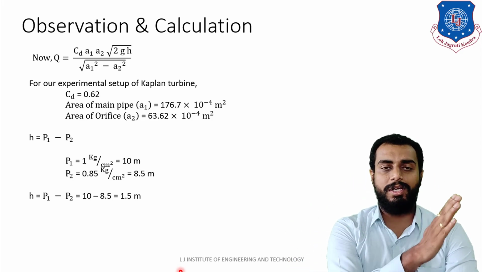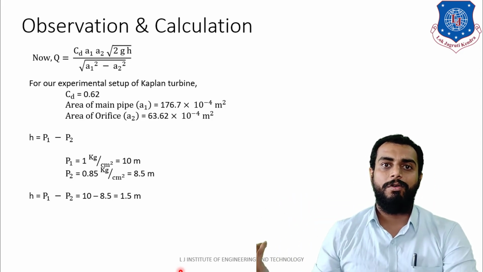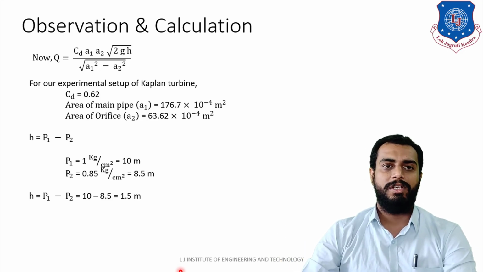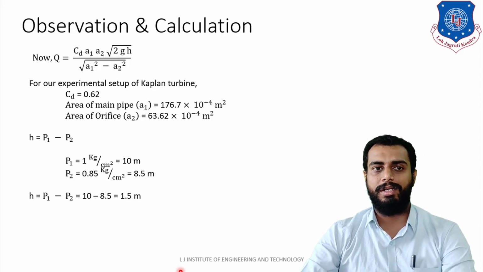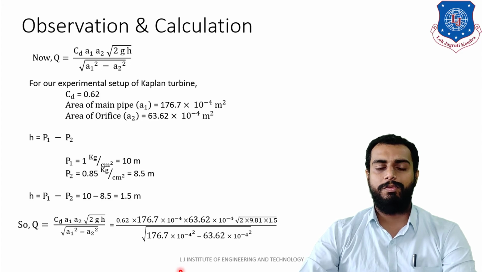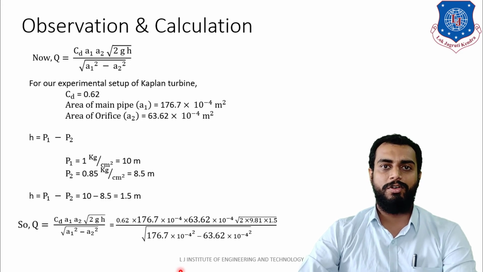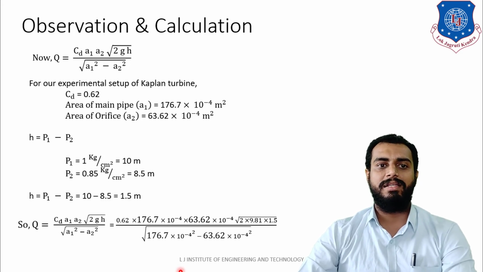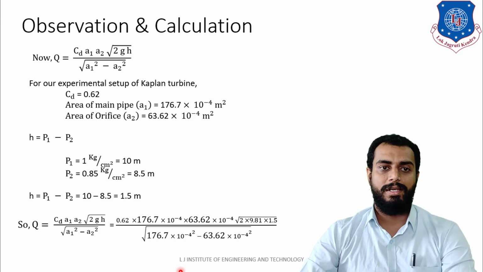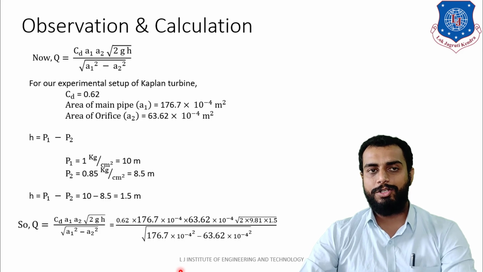We are converting the pressure into equivalent meter of water column. Okay, so we will take the difference of these two. The difference will be 1.5 meter. So now we have capital H, A1, A2, G and CD. So we will substitute the values in the equation of Q. So we can have the answer equivalent to 0.023 meter cube per second, right? So that is the discharge Q.